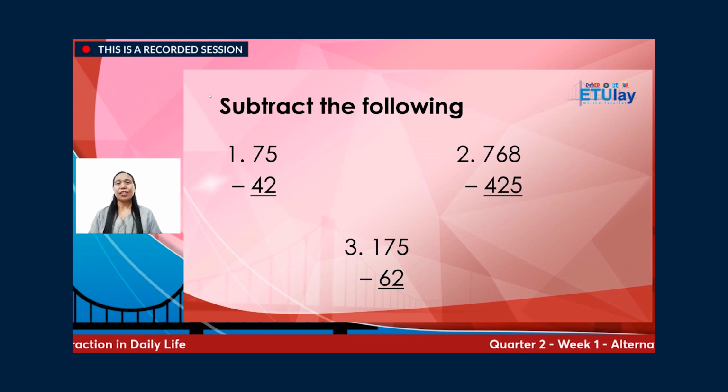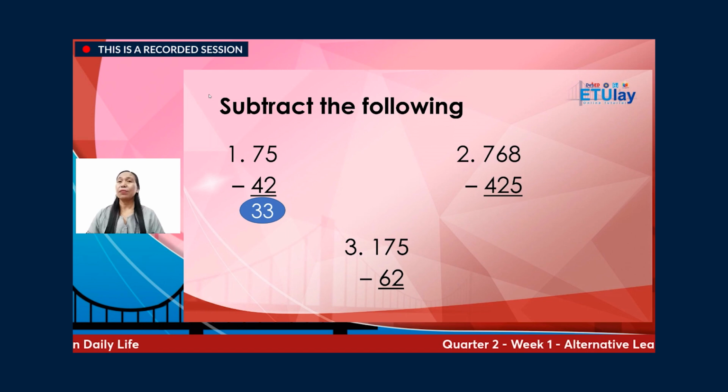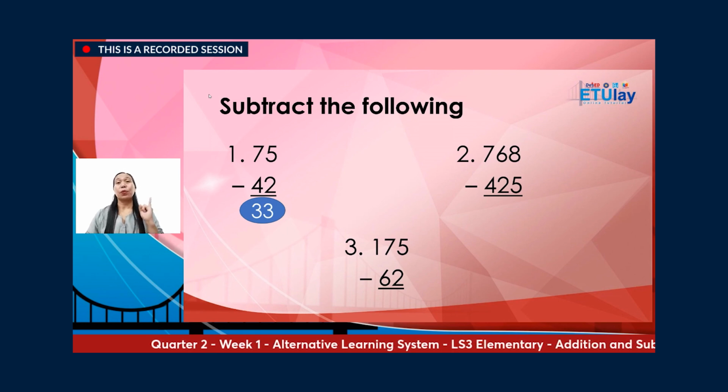To check your understanding, let's subtract the following. Number 1, 75 minus 42. And the answer is 33. Good job, learners. To those who didn't get the answer of number 1, we have number 2, 768 minus 425.